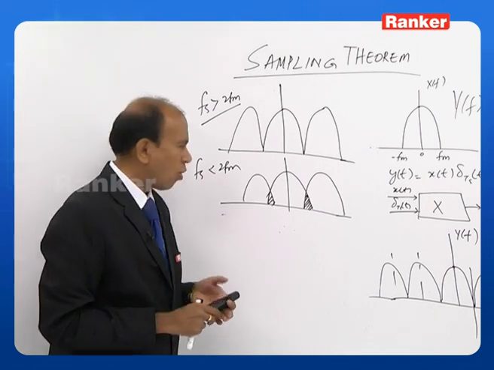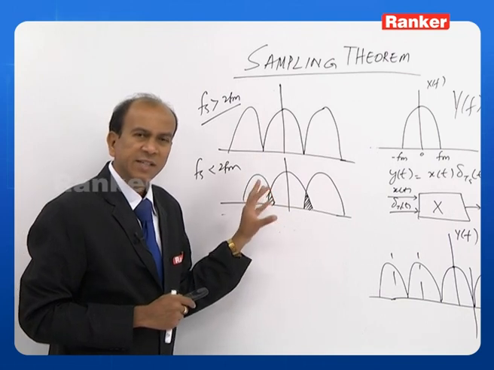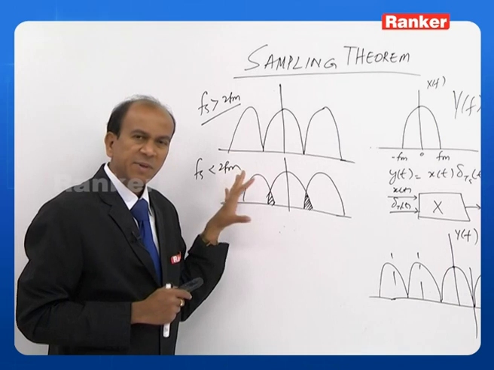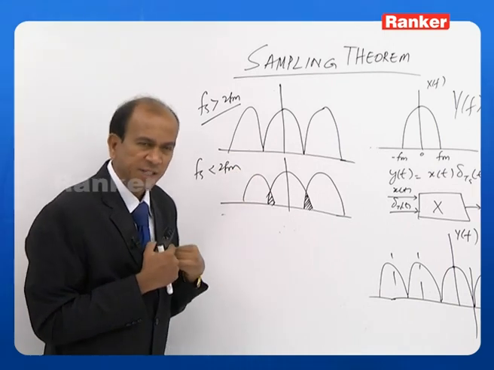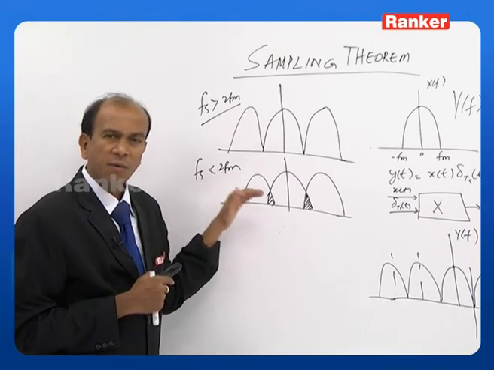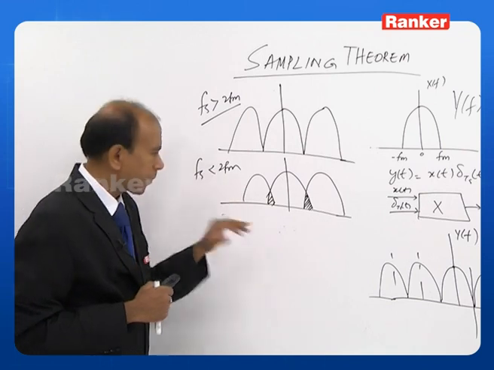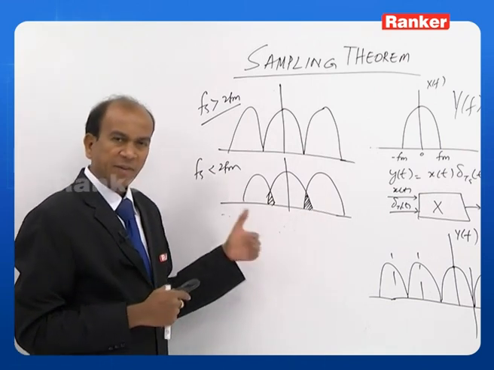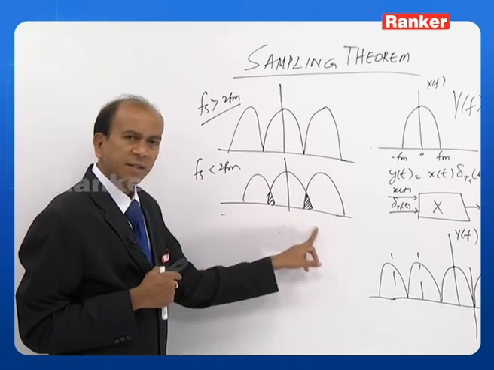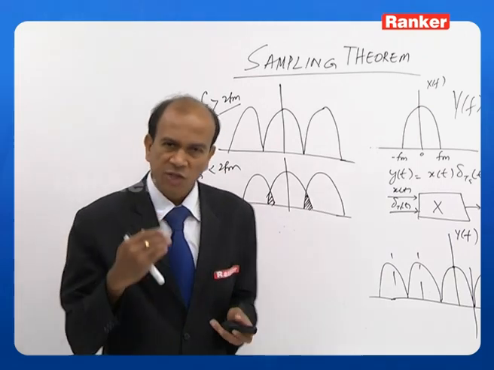Now, when I have an overlap like this, the recovery of the original signal is not possible correctly. That means, there will be a distortion in the original signal. So, if we ensure that the sample frequency should always be greater than twice the maximum frequency, when that is done, then the distortion will not occur. But when I sample it at a rate less than 2 Fm, then I am losing some signal because of this overlapping. This results in distortion.